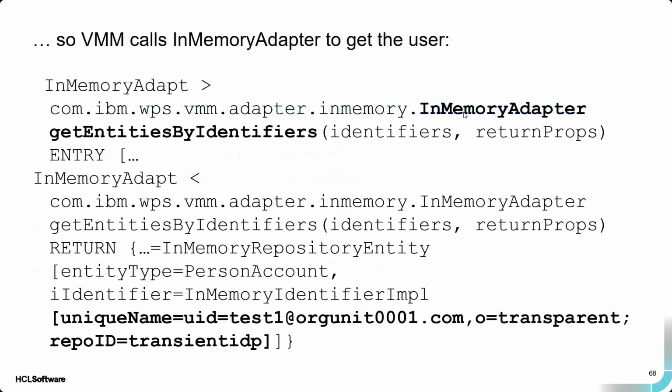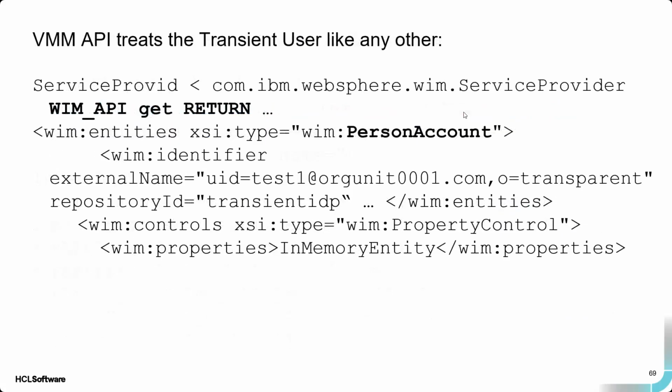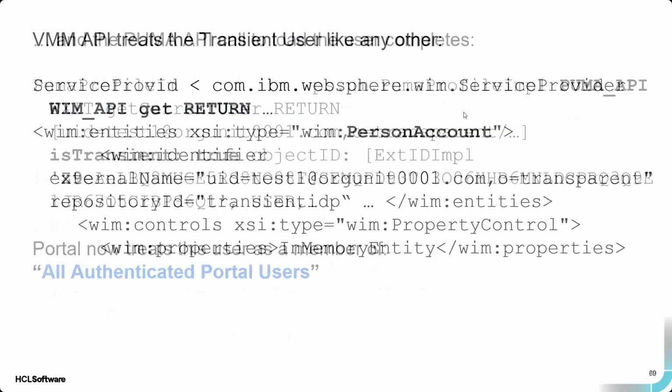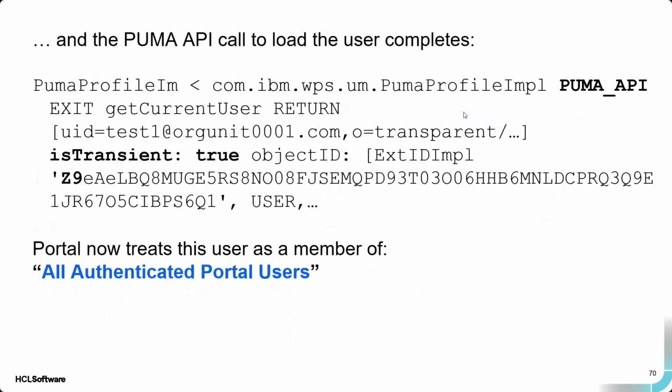So here we are, we're getting information about the user. It says, yep, it is a person account, just like any other in VMM. And here are its property control is a VMM terminology for attribute values. And we add a little bit of extra information in here. We know that transient users are transient users.